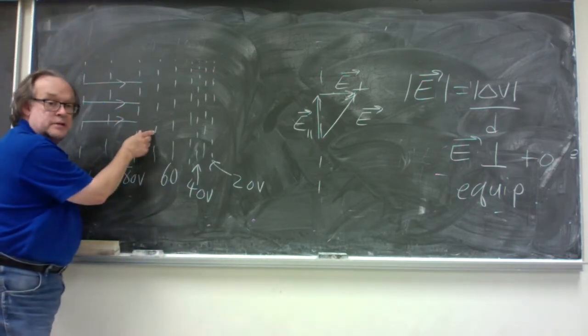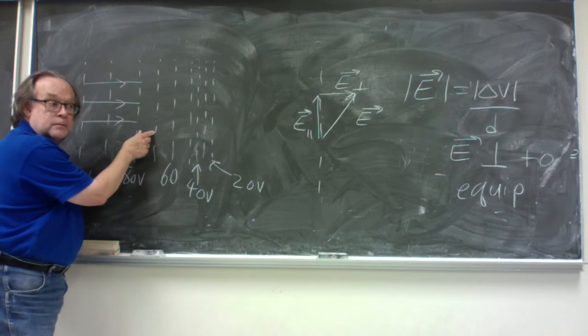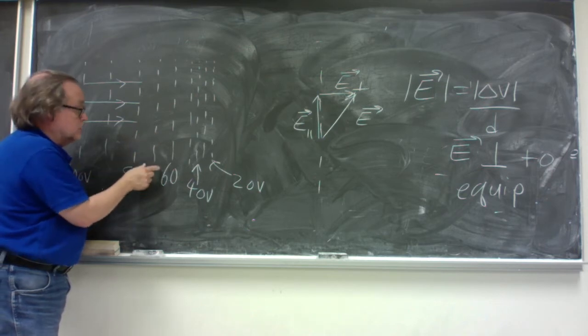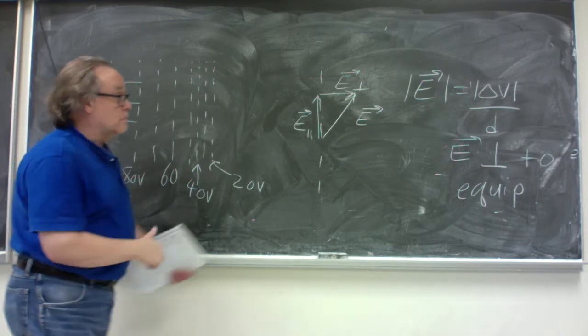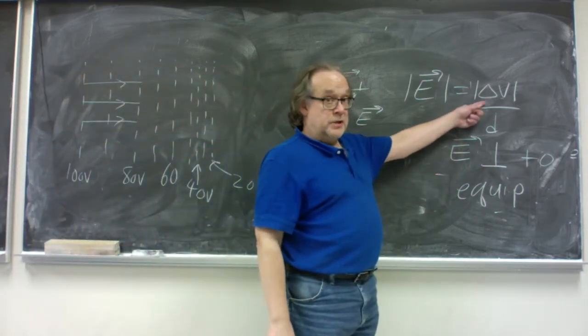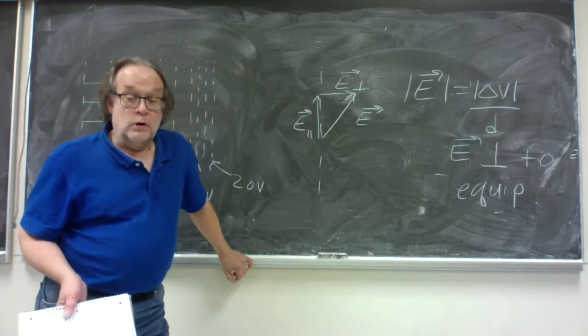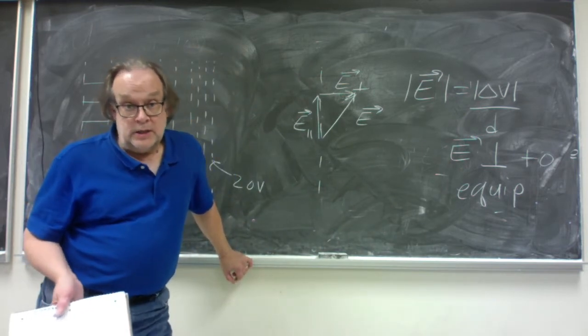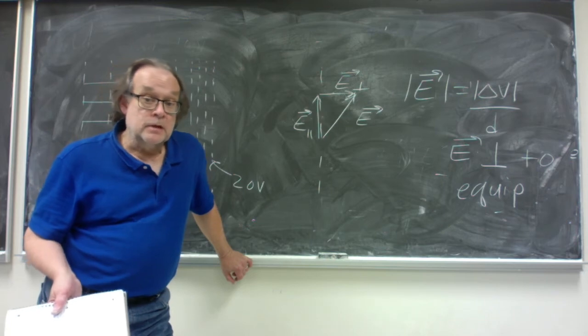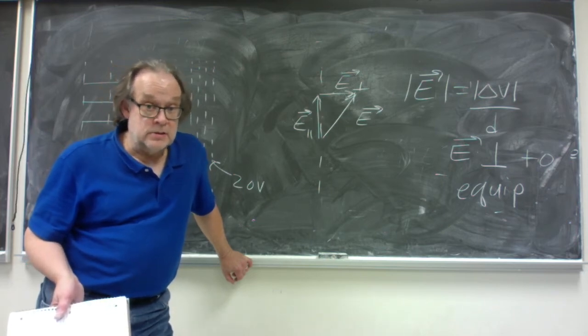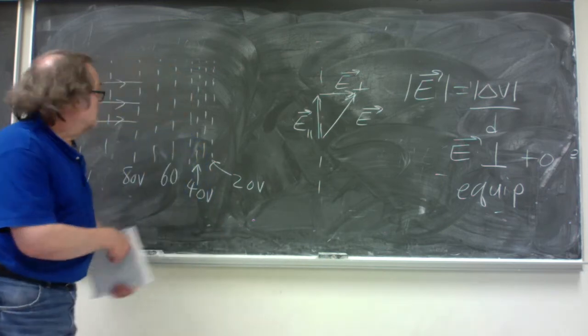Now, all of a sudden, the distance you have to go to get a 10-volt change in potential is smaller than it was before. So this is still 10 volts, this is smaller, so electric field is stronger. Wherever electric field is stronger, you can indicate that by having electric field lines that are closer together.